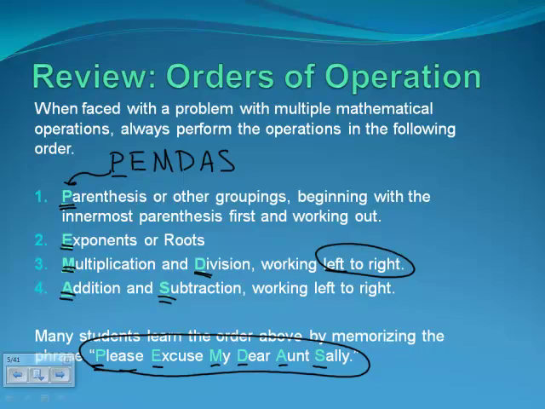And again, just like with multiplication and division, you don't necessarily do addition first. Instead, you look at the problem left to right, and you will do whichever operation comes first as you look at the problem left to right. So if there's a subtraction problem farther to the left than addition, you'll do subtraction first. Okay, so addition and subtraction work left to right.